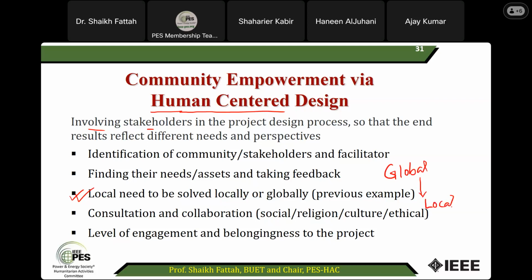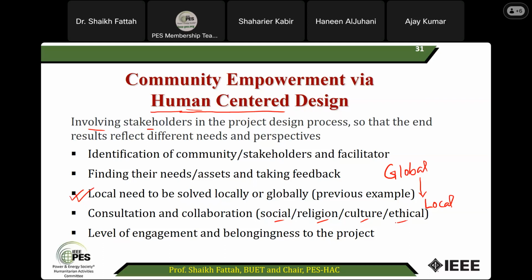To do that, you can interact with them. In your design process, you can include them in human-centered design. Then you can think about social aspects, religious aspects, cultural aspects, ethical aspects by consultation with them, by co-designing with them, by collaborating with them. Then you will have a sustainable design.